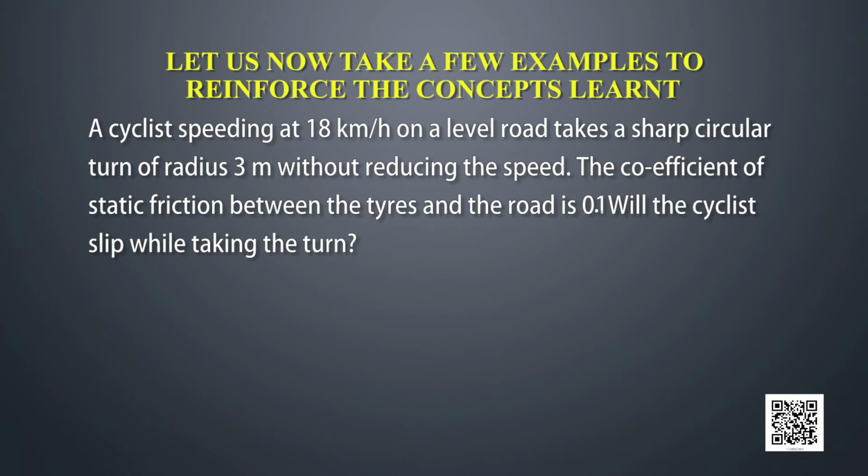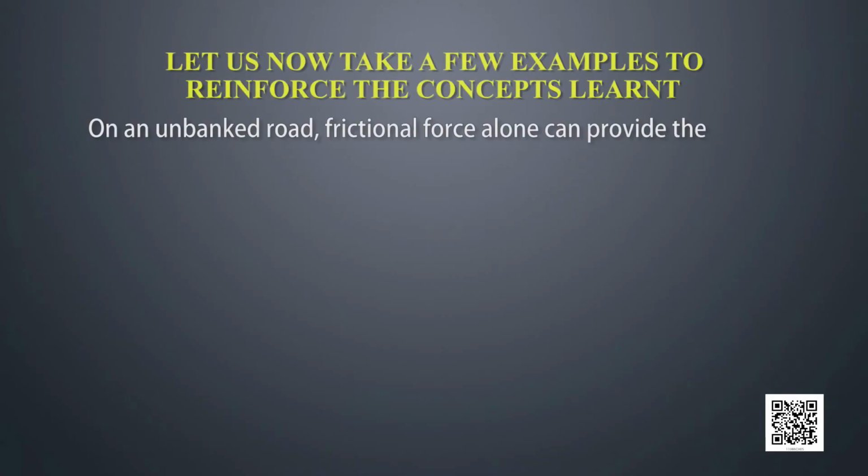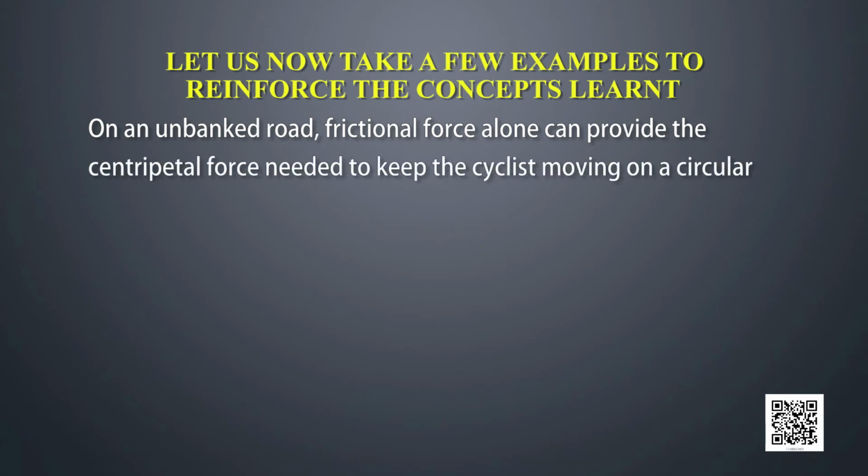Let's probe. In this example, we have to apply the concept we have learned for an unbanked circular track. On an unbanked road, the frictional force alone can provide the centripetal force required to keep the cyclist moving on a circular track without slipping.